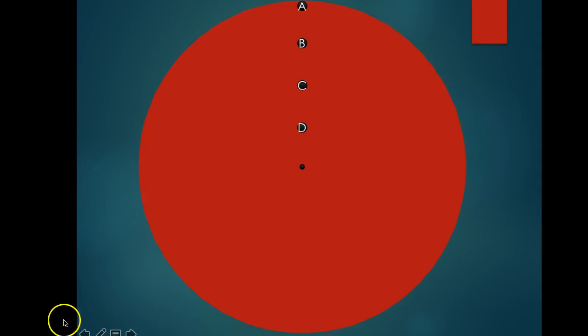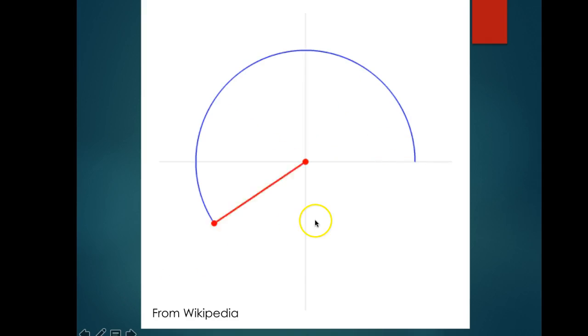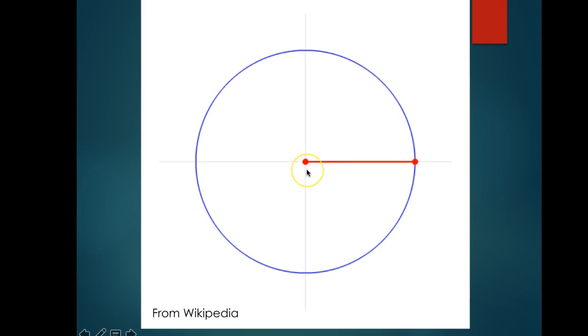Here's another illustration of it. This is from Wikipedia, and it's basically a GIF of drawing radians. So we take the radius and we map it against the outside of the circle, and that gives us 1 radian.